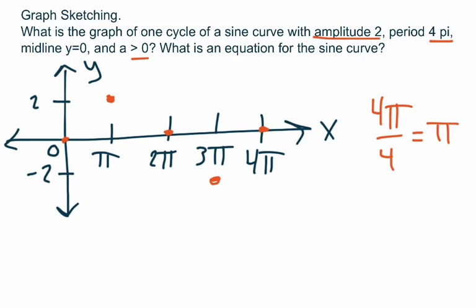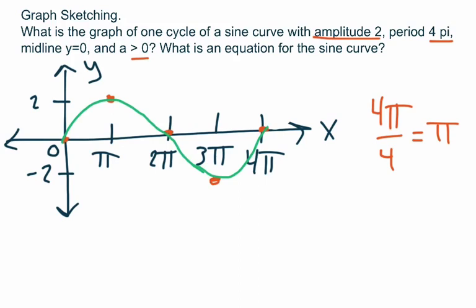Coming back down for 2 pi, y equals 0. 3 pi, y equals negative 2. There's our minimum in the cycle. And then for 4 pi, y equals 0. So we use these key points to sketch our curve. And we've sketched the graph of one cycle of the sine curve.